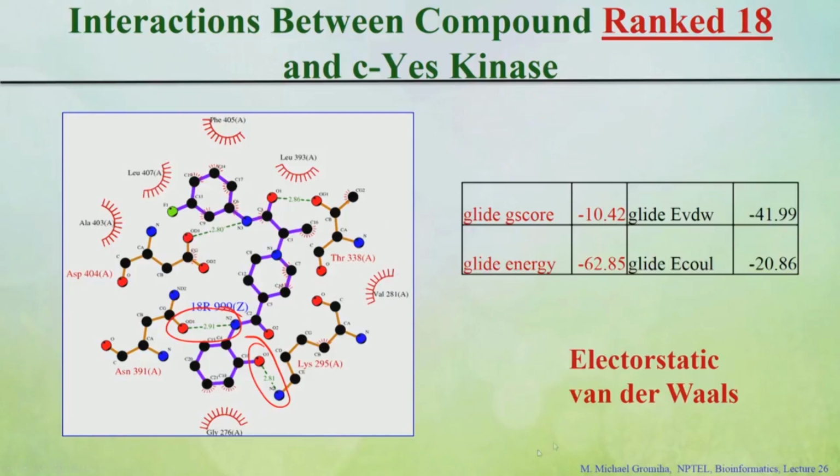So, these interactions are mainly electrostatic and van der Waals, right. The Glide score is minus 10 and the Glide energy is minus 62. We check the contribution: van der Waals is minus 41 and the Coulombic energy is minus 21. If we add these two, we get 62.